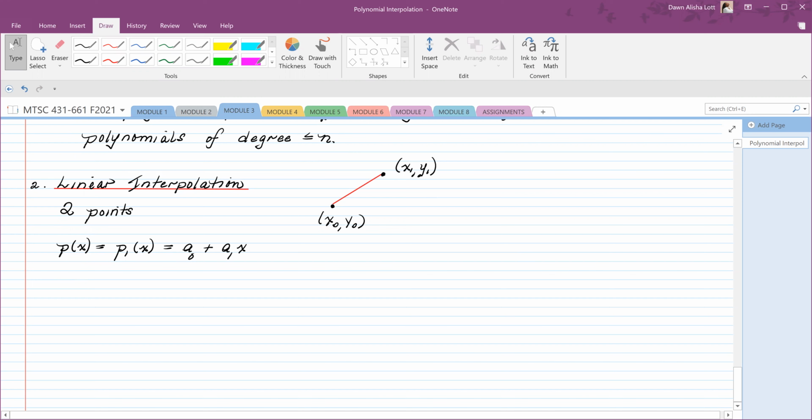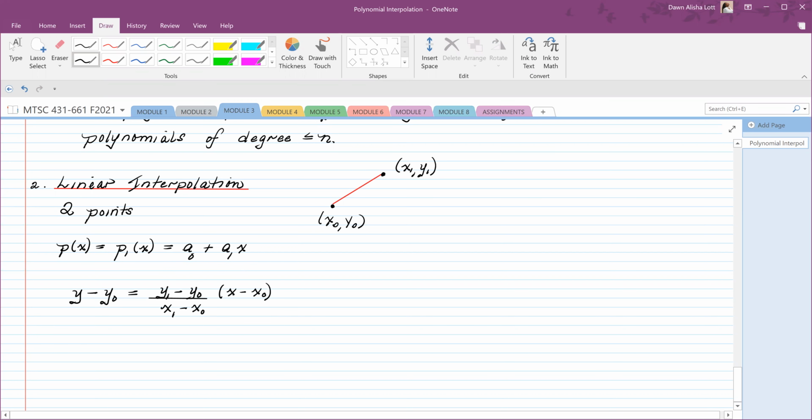You need a point and you need a slope. So I can find the equation of the line: y minus y naught, the slope is y1 minus y naught divided by x1 minus x naught, and I'll multiply that by x minus x naught.